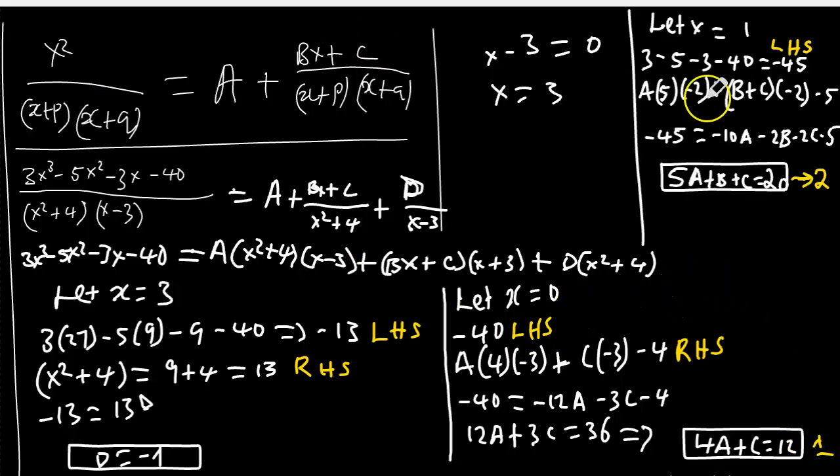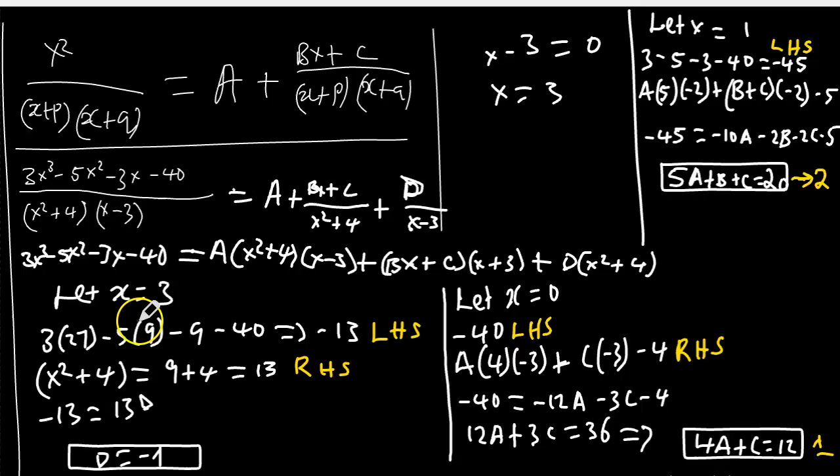When I let x be 1, we see the left hand side become negative 45. You simply put 1 where there is x. And then the right hand side is negative 10a minus 2b minus 2c minus 5, which we simplify to get 5a plus b plus c equal 20. Call this equation 2.